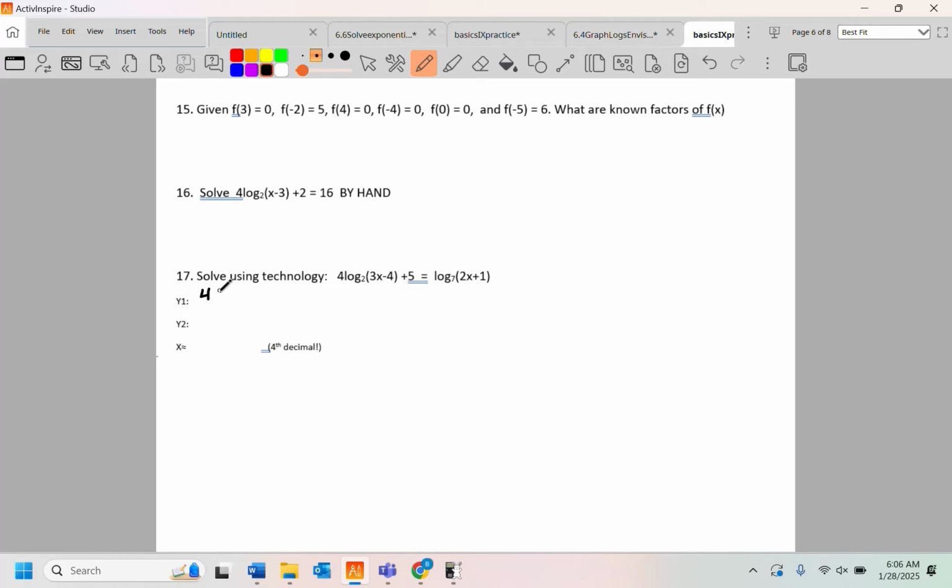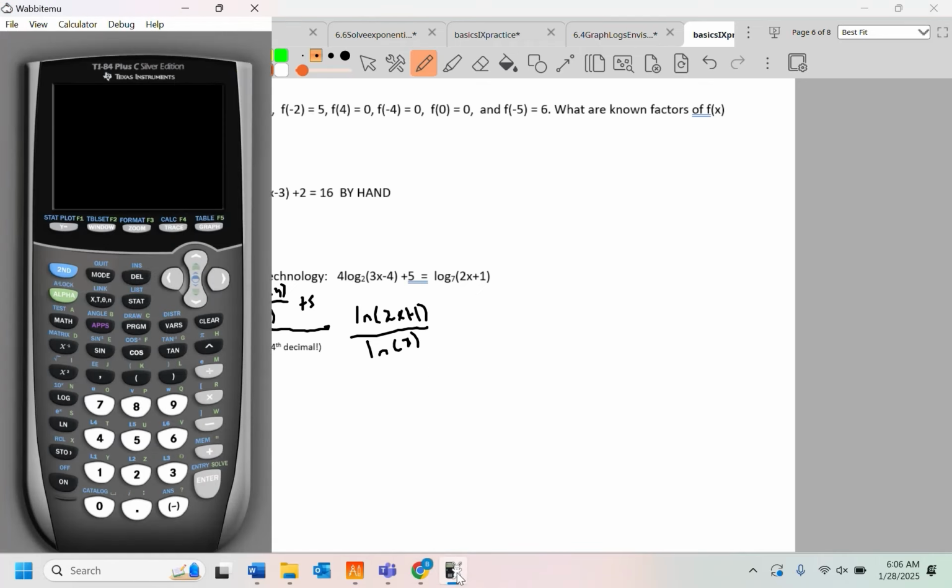It's going to be 4, and I like the ln. ln of 3x minus 4, sitting over the ln of 2, and then plus 5. My y2 is going to be the ln of 2x plus 1, sitting over the ln of 7. If you want to use logs, whatever. I don't really care. You just do you, but make sure you're using correct change of base.